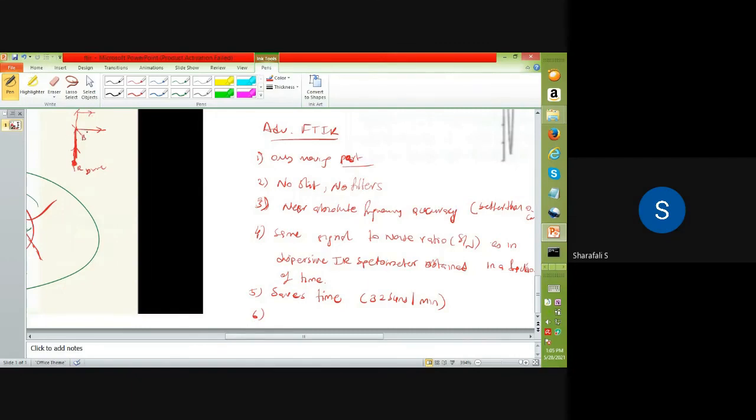So 50% will be going to the sample. For example, this is your sample, and the other goes directly to the detector. So after the sample we have a detector here.